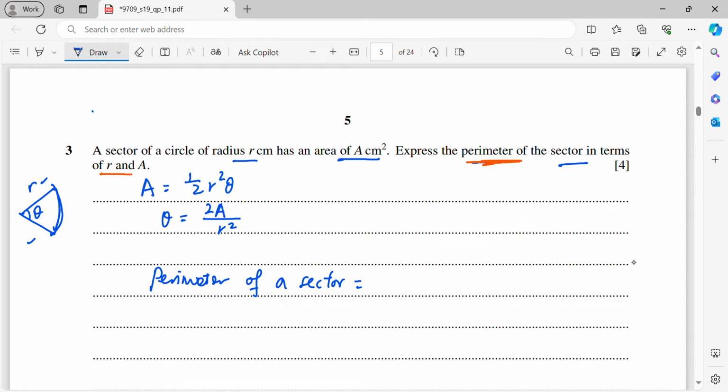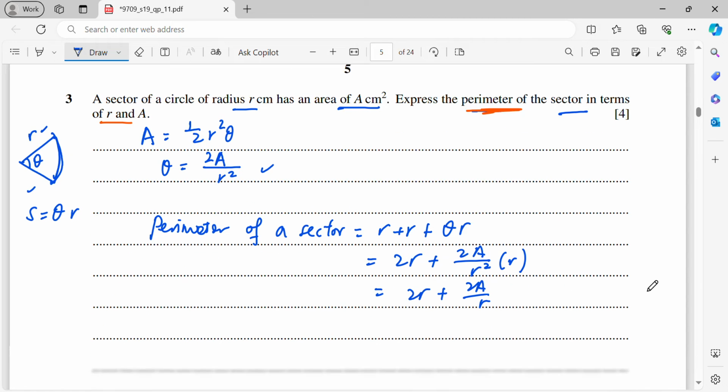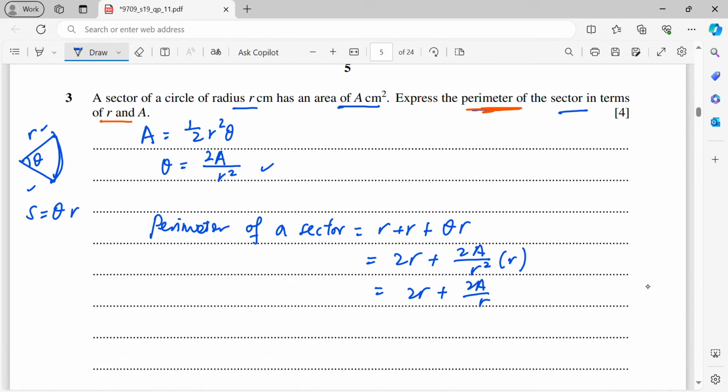So both radius means R plus R. The arc length formula is basically theta R. So here I will just write plus theta R. Now R plus R is 2R, and then the theta is 2A over R squared. Then you multiply with R. So therefore you get 2R plus 2A over R. So that is your perimeter in terms of A and R.